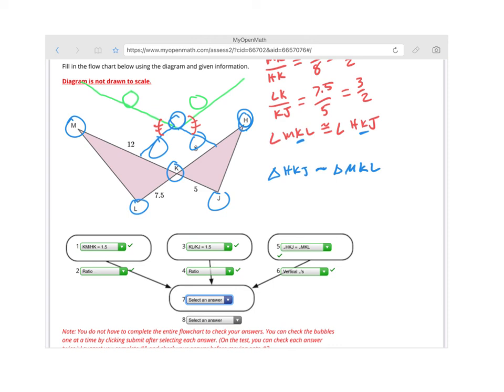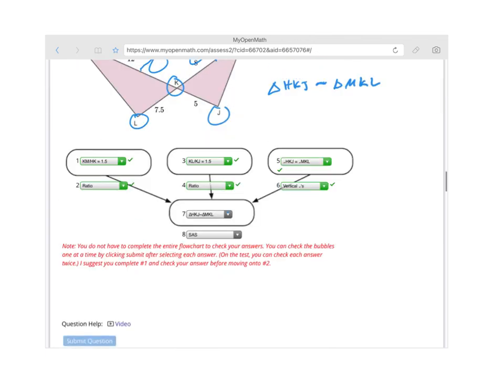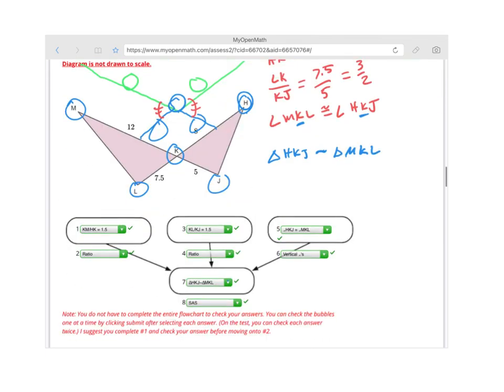So that will be MKL. So we have HKJ and MKL. Should be that, and this should be side, angle, side. Okay, so that's what that one looks like.